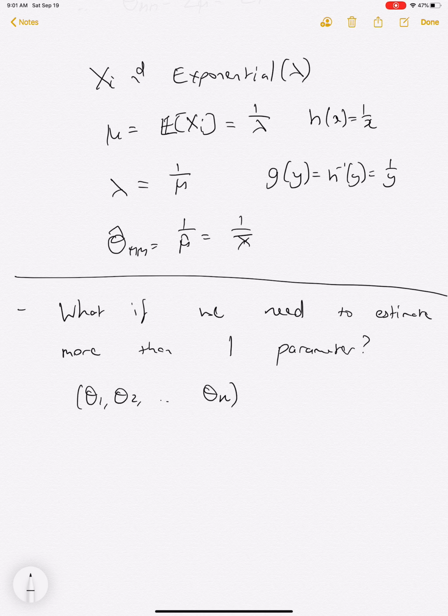One thing you might think about is, well, you can just find different expressions for mu, and then repeat that for x bar, and just get different g's for each of the thetas. But this is not the best approach, because basically you're just reusing the sample mean over and over again. And so you're not getting new information to estimate theta 1 through to theta k.